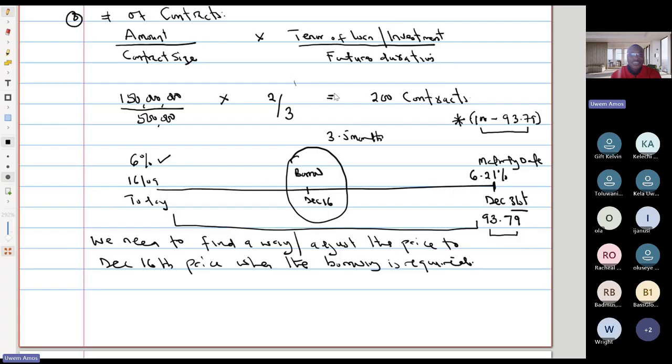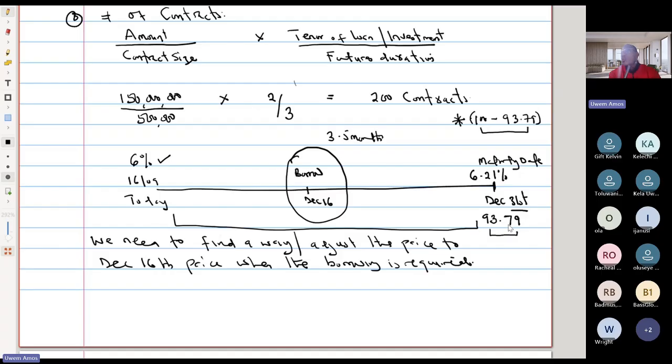All right. Any other question on basis and remaining basis? So what we're basically trying to do, in summary, is say I bought something that is maturing December 31st, and the price, if I hold it to December 31st, is 6.21 or 93.79 in reference point.